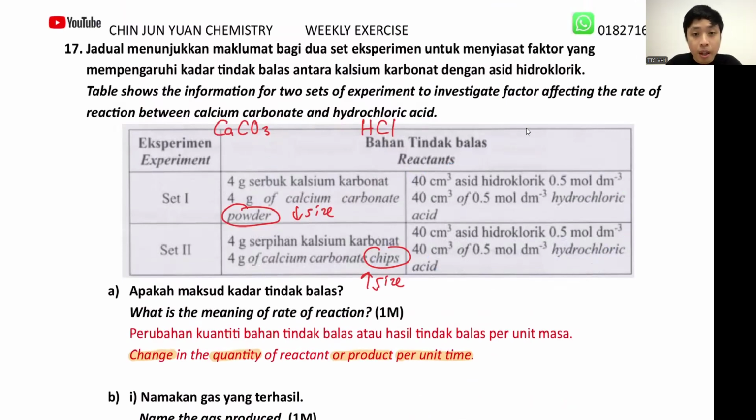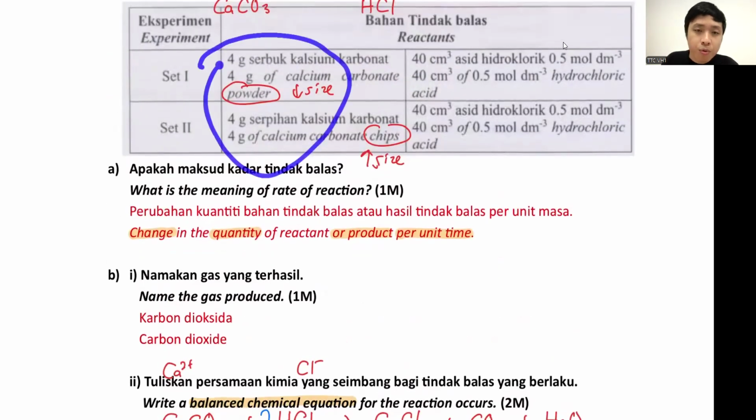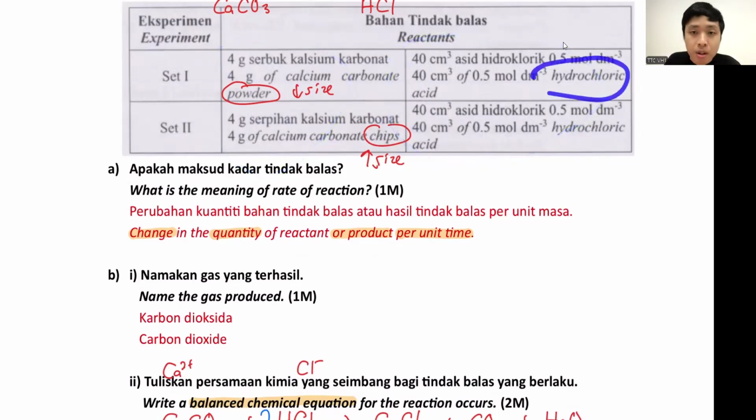But the problem is you might ask, which one is in excess, which one is the limiting factor? Because both have given information, for calcium carbonate and the hydrochloric acid. So you have to find out which one can be used. If you find the lower number of moles, then you use that one.